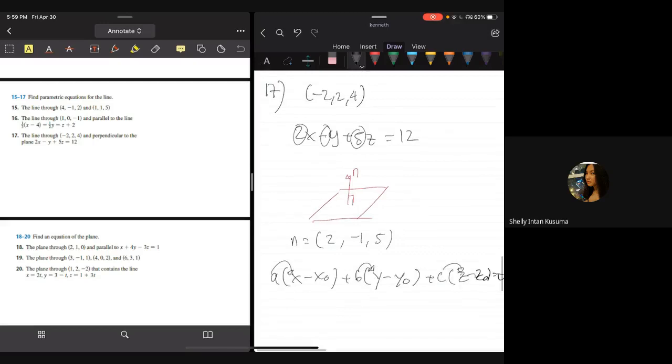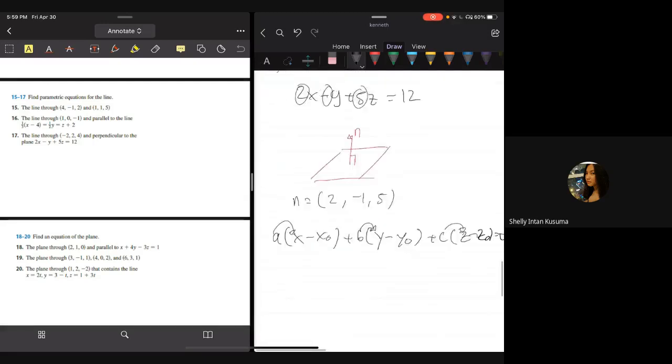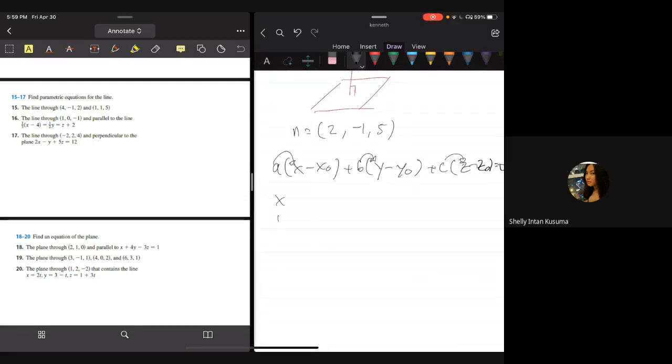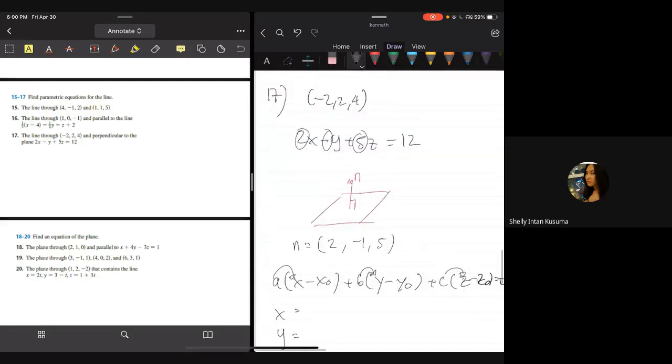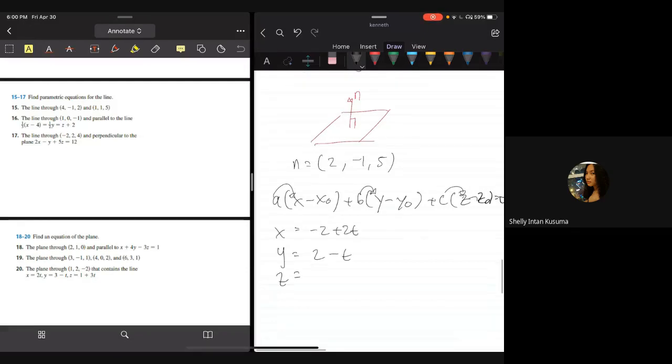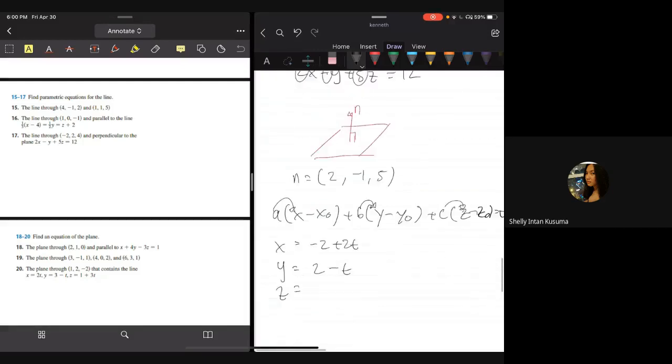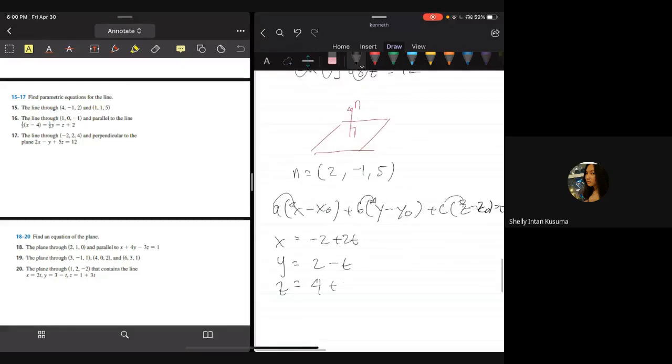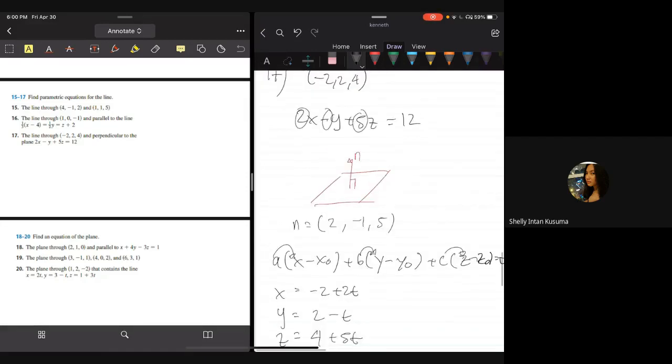So we can just use the normal vector and create the equation. So minus 2 plus 2t, 2 minus 3, and 4 plus 5t. Okay, any question for this one?